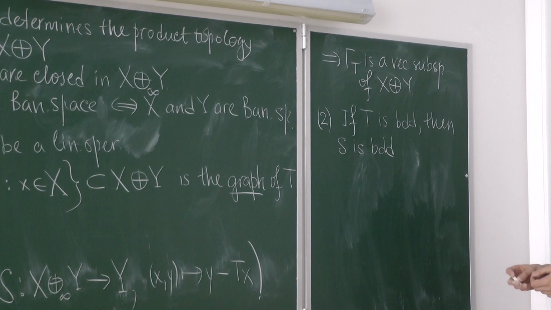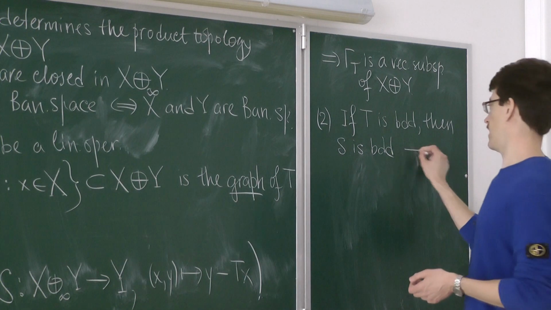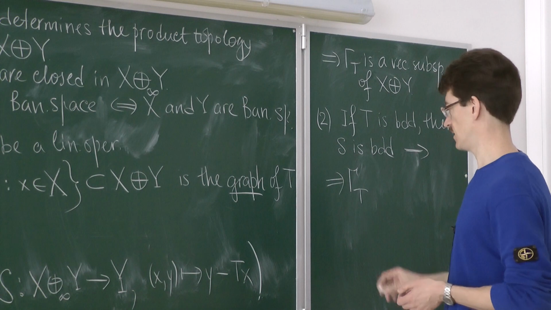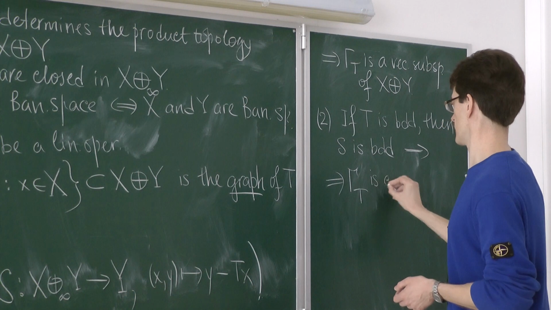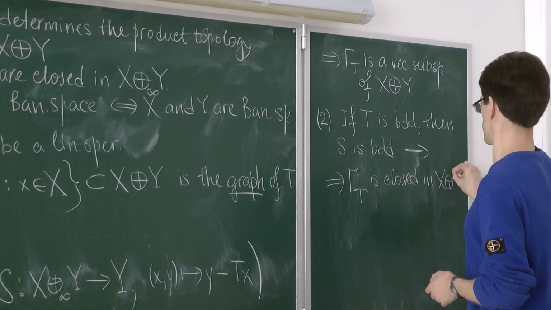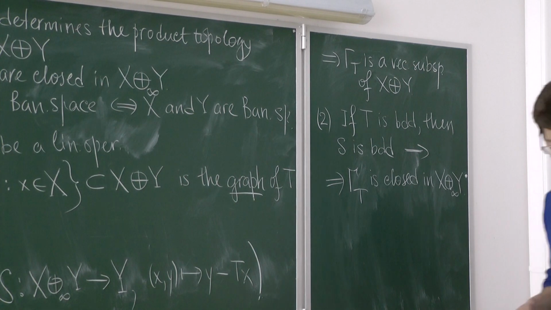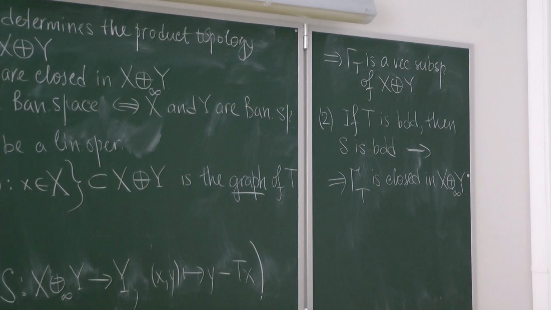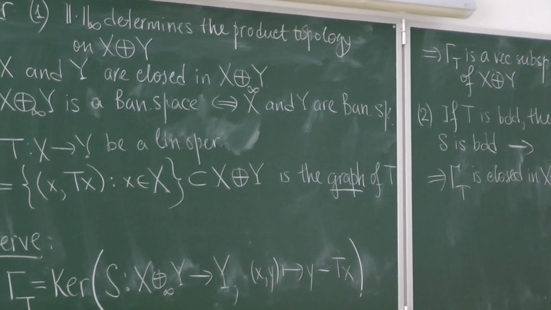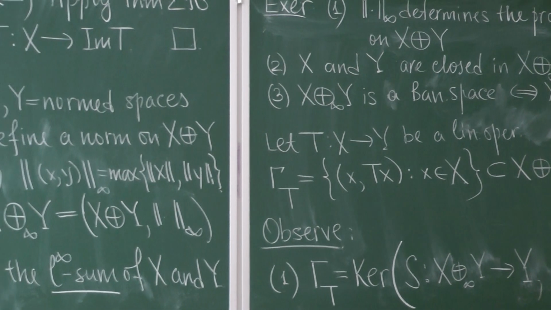So S is also bounded, and the kernel of a bounded operator is closed. And we conclude that in this case, the graph of T is closed in the L infinity sum. So the graph of a bounded operator is closed in the direct sum.